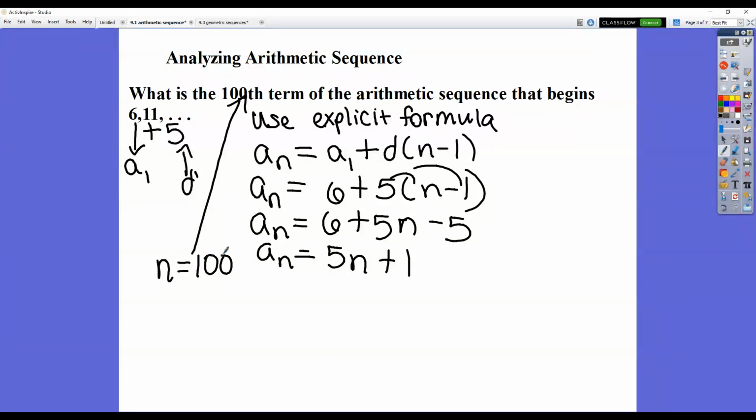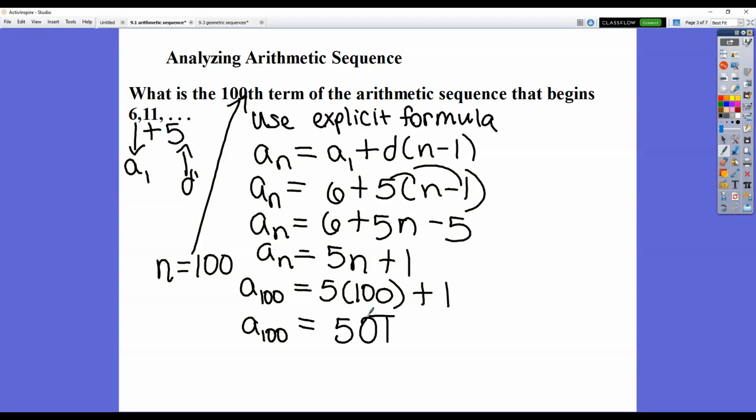If they ask for the 52nd term, you plug in 52 for n. So a sub 100 equals 5 times 100 plus 1. So our 100th term is 501. And there we go. There's the 100th term.